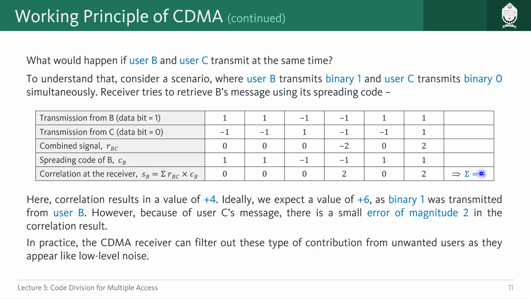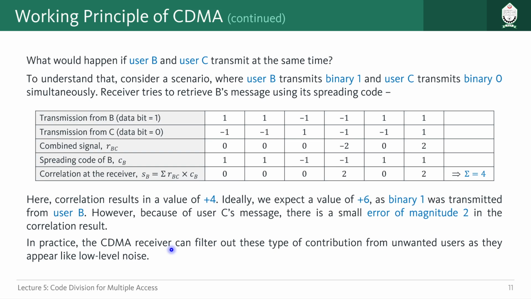Even after that, we can actually interpret this result as transmission from user B, because in reality what will happen is the CDMA receiver can filter out this small amount of error or interference coming from different users, because we have this kind of technique, and obviously the magnitude will be much less in a real scenario compared to the actual signal.